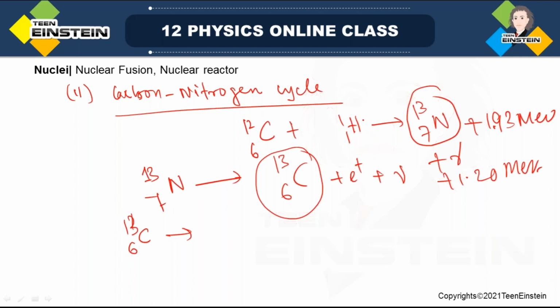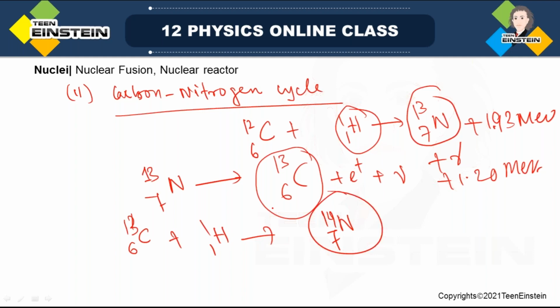Okay, so when there are protons, it will actually combine with the proton and regenerate this nitrogen 7 14. So this is actually the end product of the reaction.